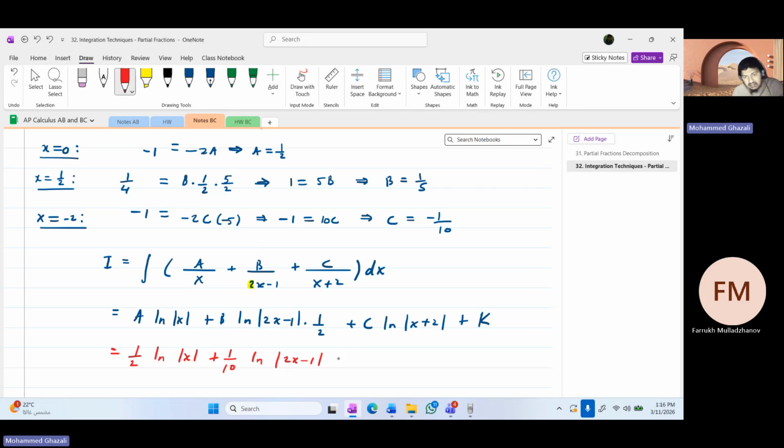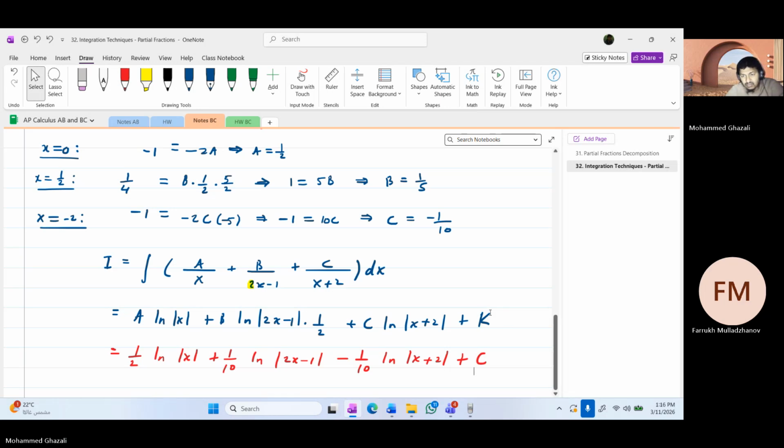So that's -1 over 10 ln absolute value x plus 2, plus a constant. Change the k into a c. I didn't want to mix up this c with that c. Okay, let's make it c2. And that's my final answer.